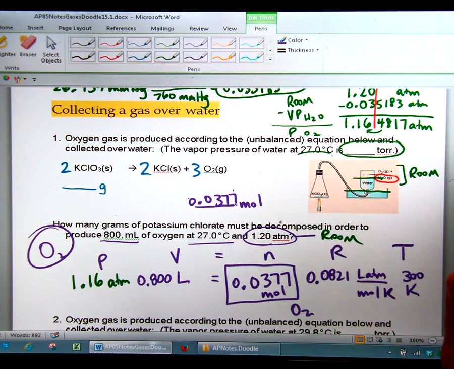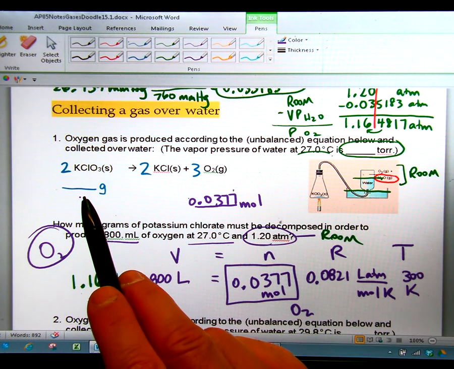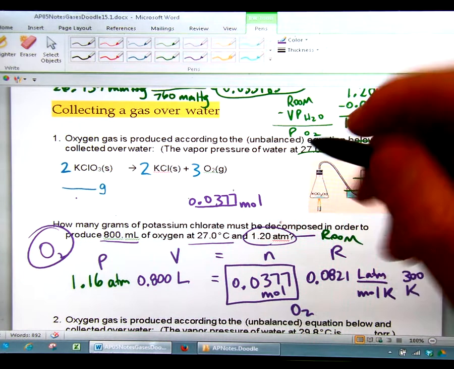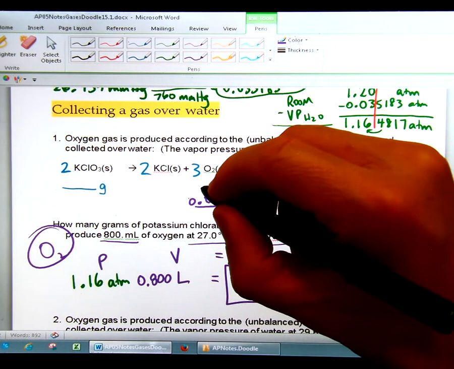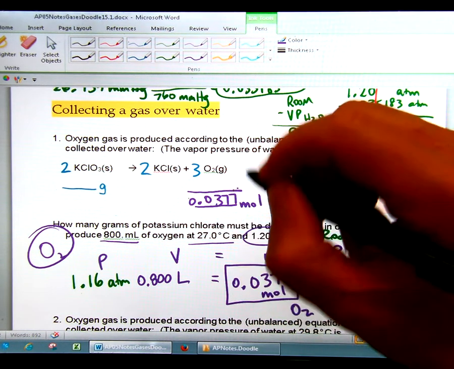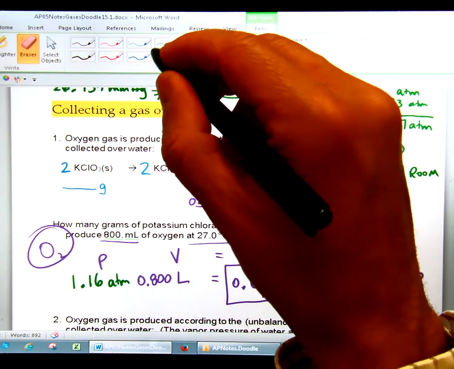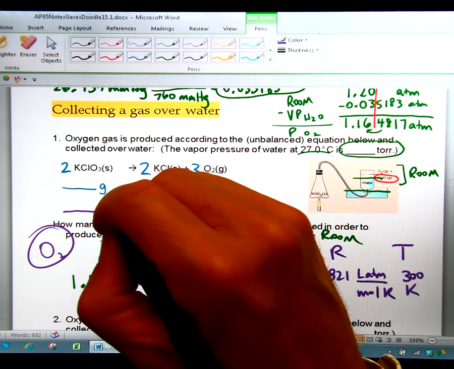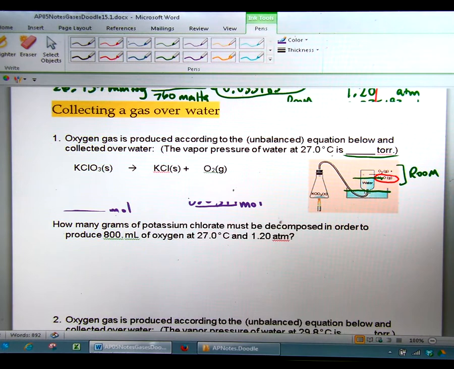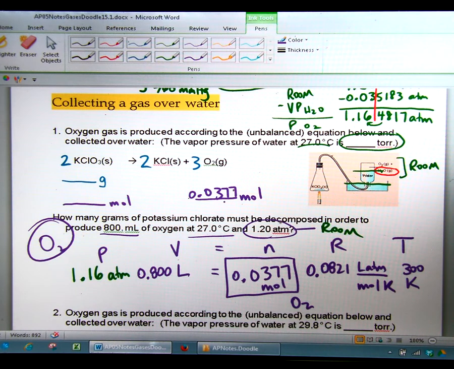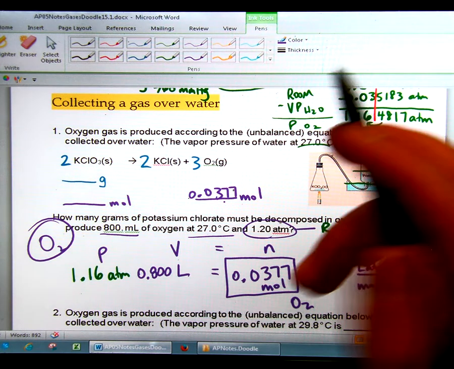The question is, how many grams of potassium chlorate did you need? So the easiest thing to do would be to bridge in moles because it's the little bridge. So let's do that first. So this, moles. So you're going to take 0.0377 divided by 3 times 2, and you're going to get 0.0251.